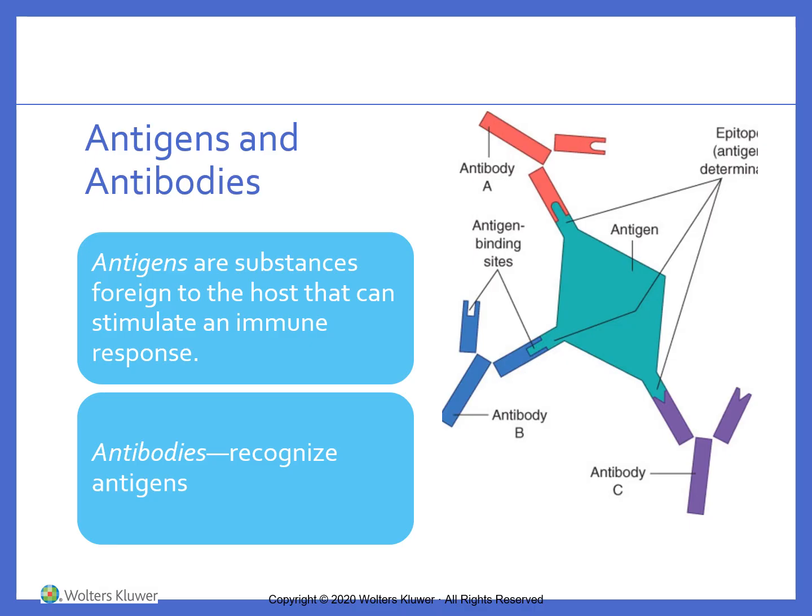And then those are specifically bound to by these different antibodies, right? Antibody A, B, C, or Igs that are secreted by the B lymphocytes. So antibodies secreted by B lymphocytes attach themselves specifically to these epitopes that they recognize on the surface of the antigen or foreign substance that has invaded the host.